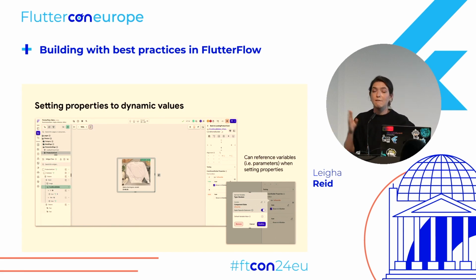So you can connect them to a different variable. In this case, I'm connecting it to my isFavorite parameter. So I'm passing in a parameter that tells if this was favorited by my user. And then I have this conditional builder that says, okay, if it is favorite, show this icon that's colored in, so a colored in heart icon. If it's not, then just leave an outline icon.